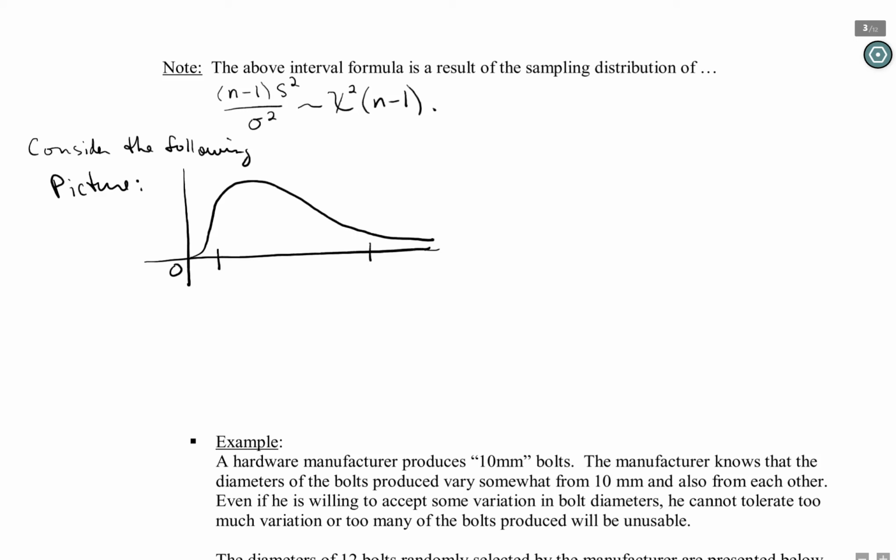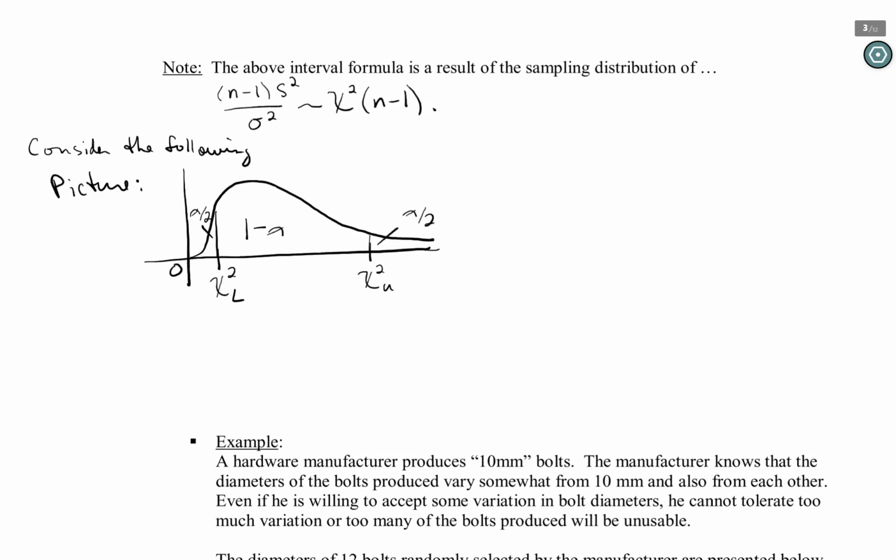I'm going to pick off an upper value, chi-squared u, and the area under the curve to the right of that value is alpha over 2. And I'm going to also pick off a chi-squared L, such that the area under the curve to the left of that value is alpha over 2. And so what that means is that the area under the curve between the two is 1 minus alpha, right? Because the total area under the distribution must be 1.